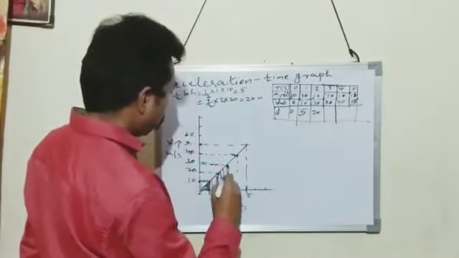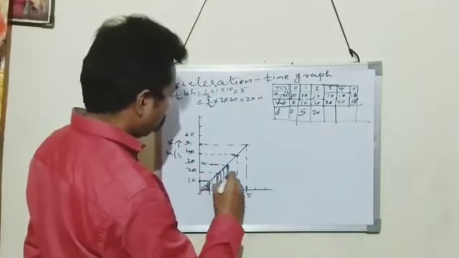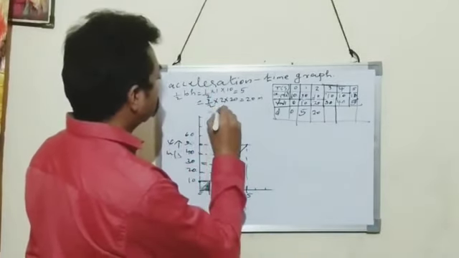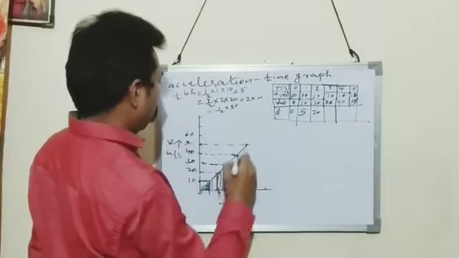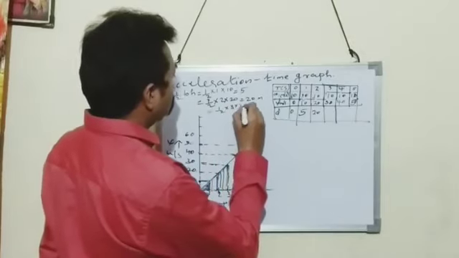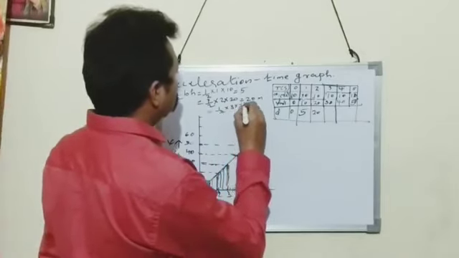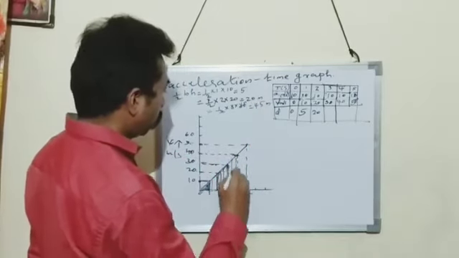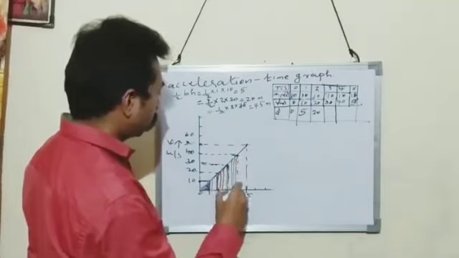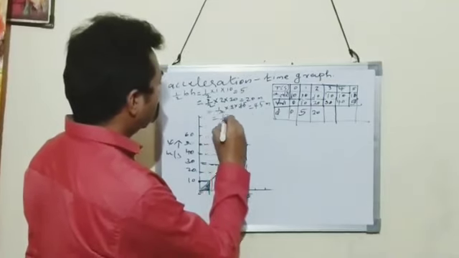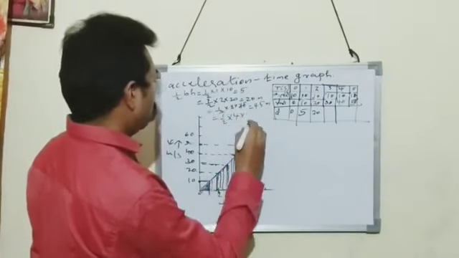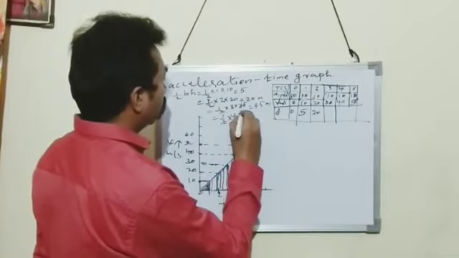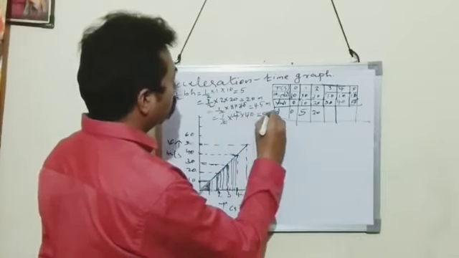Half 3 into 30, which is equal to 45 meter. What is the displacement in 4 seconds? Half 4 into 40, which is equal to 80 meter.